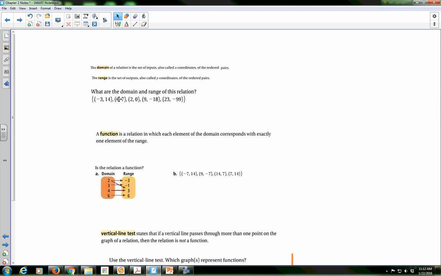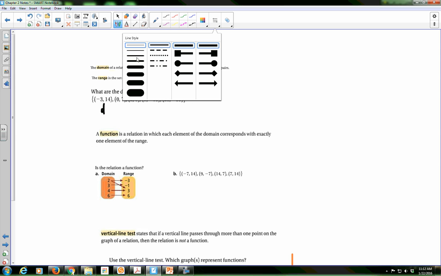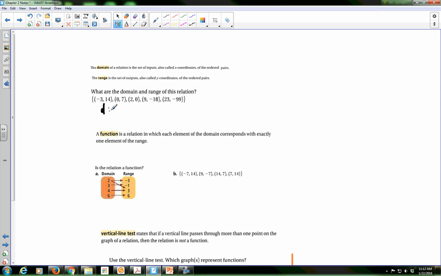So what I like to do is, for domain, I like to list the numbers, and then I'm going to order them from least to greatest. So we have -3, 0, 2, 9, and 23. I'm going to rewrite them in order. I'm looking, nope, they're already in pretty good order.